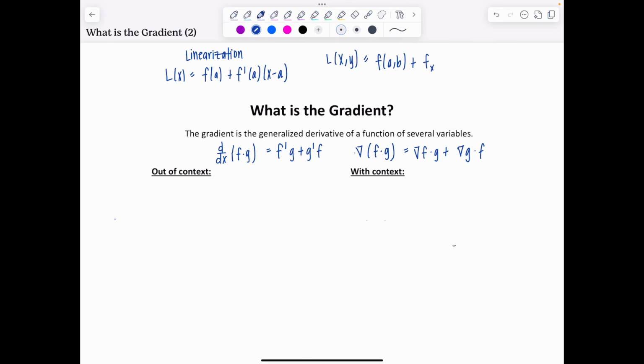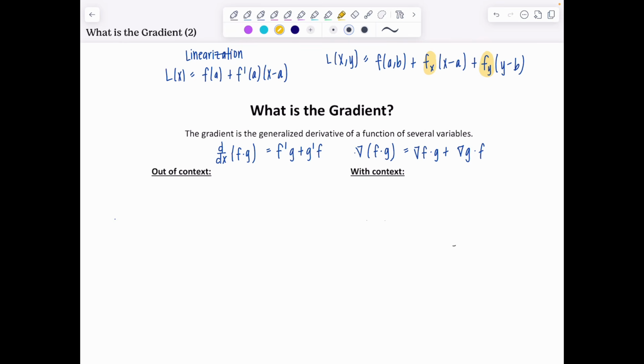Partial derivative with respect to x evaluated at the point times x minus a plus partial derivative with respect to y times y minus b. Well, what does this compose? This composes the gradient. So hopefully you can put some context to the statement, right? That the gradient is the generalized derivative of a function of several variables.